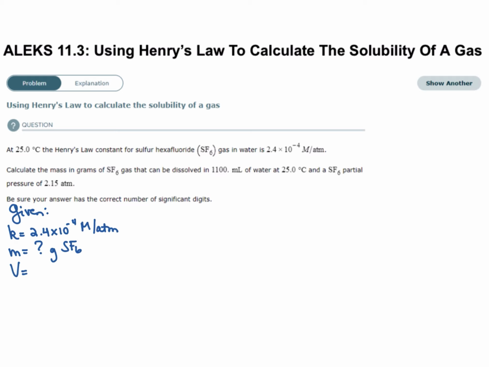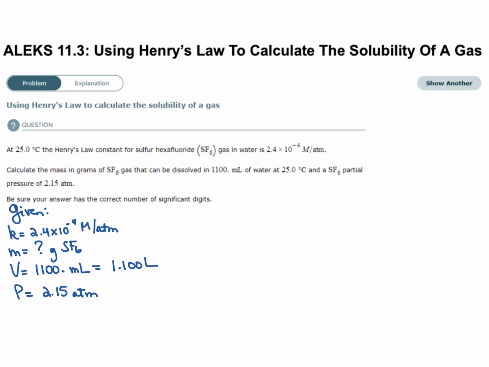They give us the volume in milliliters, but I see that the constant has molarity in it. So molarity is moles over liters, so I want to make sure I convert my milliliters to liters. And they give us the pressure of this gas.